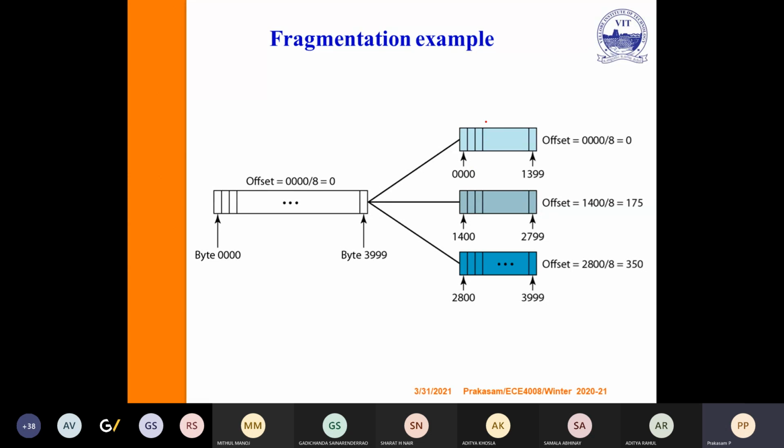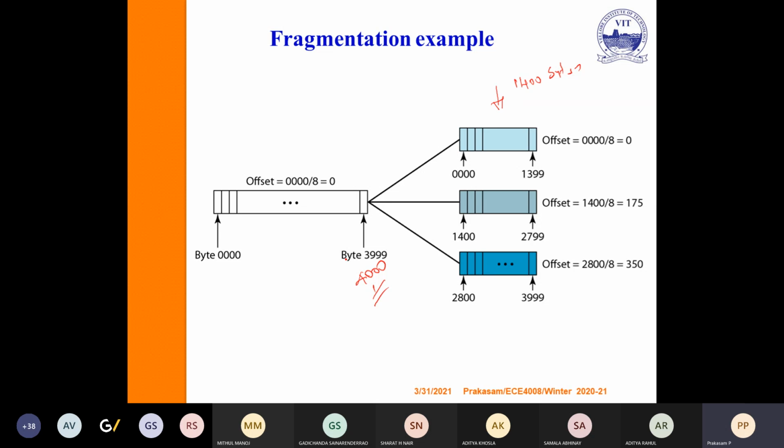Let us assume the length of the respective IPv4 datagram is 1400 bytes, but the input length is 4000 bytes. We cannot transmit 4000 bytes at once using an IPv4 datagram.